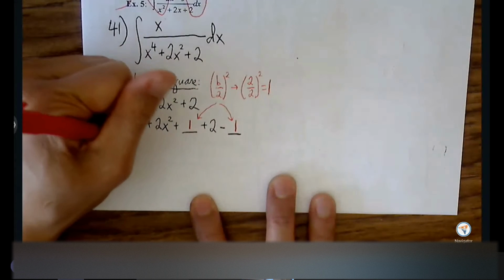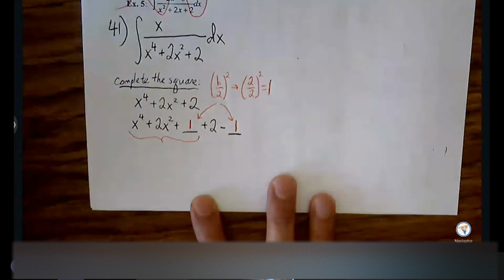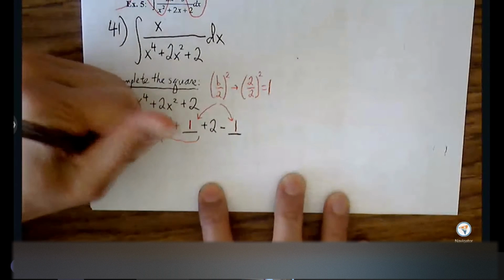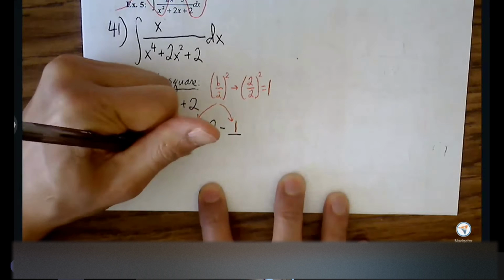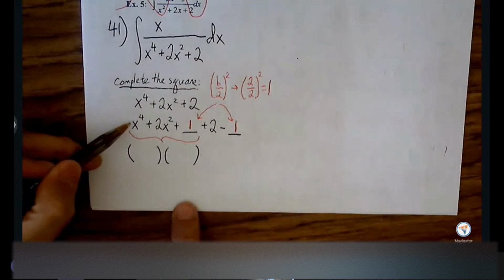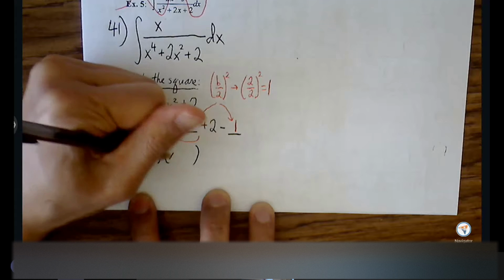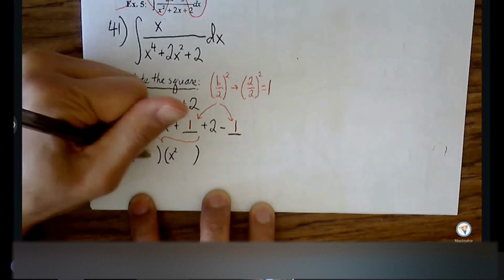Our first 3 terms should factor nicely. What multiplies to be 1 and adds up to be 2? Just 1, okay. But we've got to be careful here. We're starting with x to the 4th, so we need to have x squared to begin with. But you're right, plus 1 and plus 1.